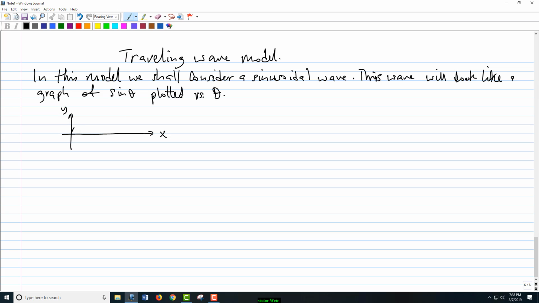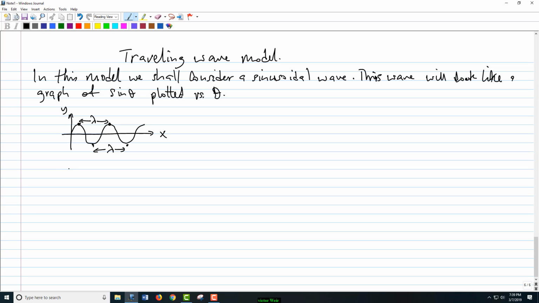This is y, so we can think of a wave that goes this way. So that will be a sinusoidal wave. Two points on the wave, from this point to this point, will be called the wavelength. So the wavelength can be considered to be the distance from one crest to the other crest, or from one trough to the other trough. So we can also consider the wavelength to be from here to here.